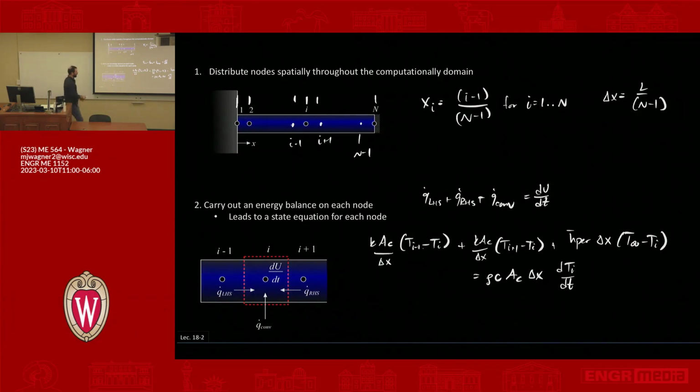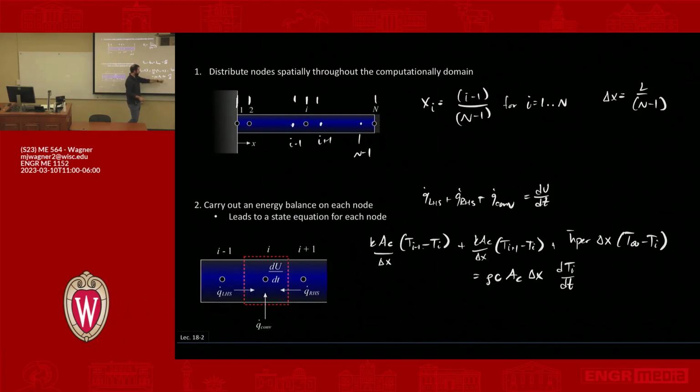Again, this is mass, rho times A_c delta x. That's the mass of that volume. Delta x is the width. And then specific heat, and then our gradient. So we are trying to solve this equation for this derivative. That's our state equation.